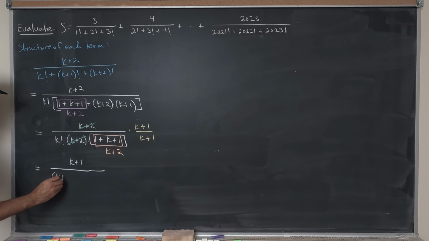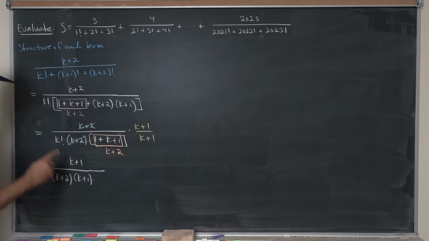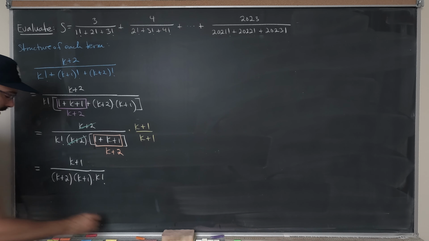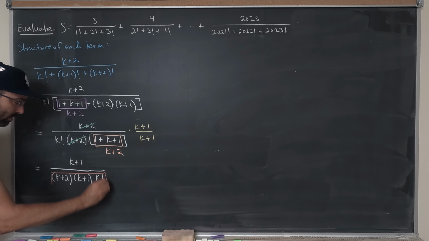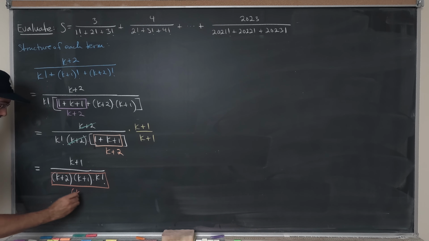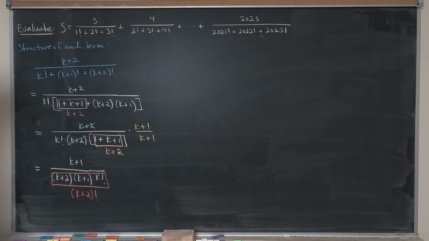Let's write k plus 2 first, then k plus 1, then k factorial. Well, k plus 2 times k plus 1 times k, etc., k factorial, this is just k plus 2 factorial. So having said that, we now have k plus 1 divided by k plus 2 factorial.